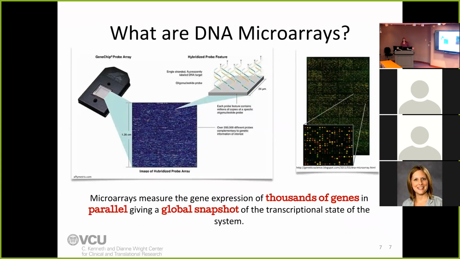So what are microarrays? Microarrays give you the capability of measuring thousands and thousands of genes and their level of expression in parallel. So it gives you a global snapshot of the gene expression or transcriptional state of whatever system you're studying at that time.